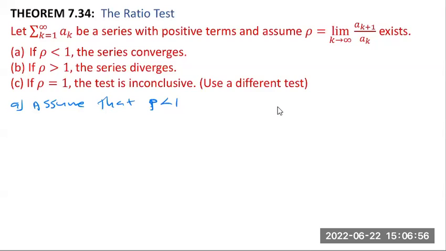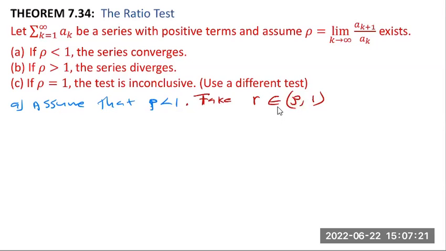So that means I can find, I'm going to take some r strictly between rho and 1. This is possible because rho is strictly less than 1. And also I know that rho is bigger than or equal to 0.